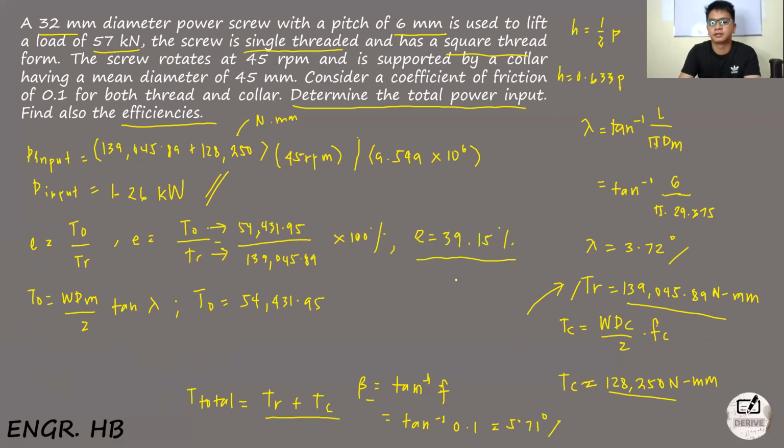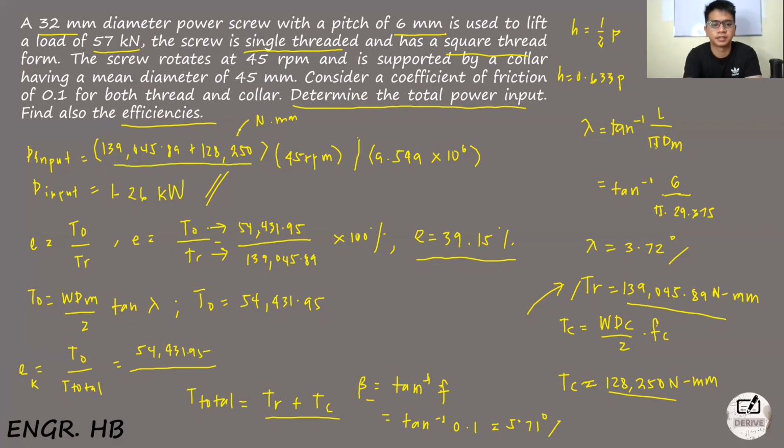So tignan natin, kapag ginawa natin yung efficiency ng screw and the collar, kailangan mas malaki si efficiency of screw alone. Kasi lumaki yung denominator mo sa EK. That will become TO divided by total torque. So your TO is 54,431.95. And your total torque is pagplusin ko na yung nandito.